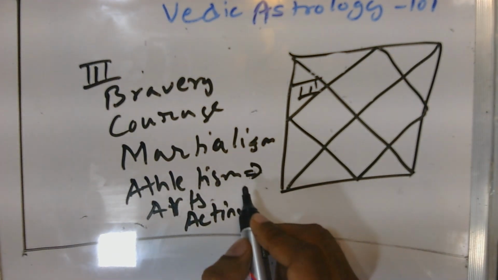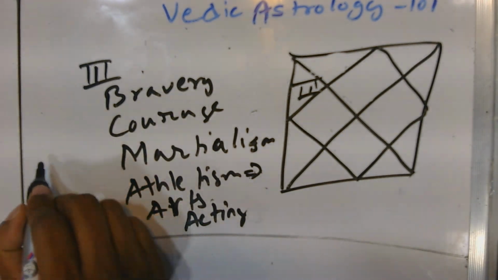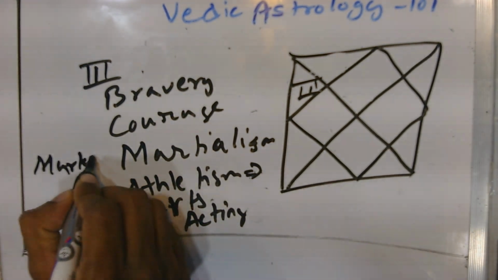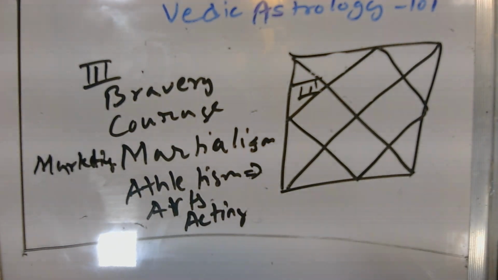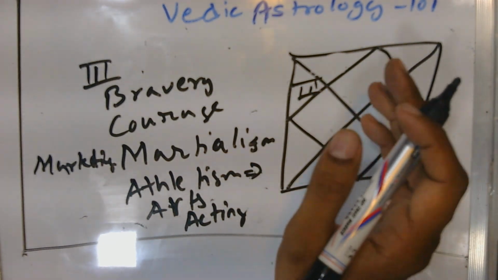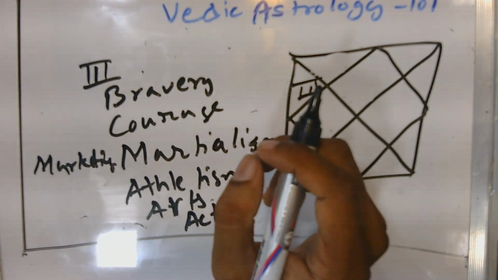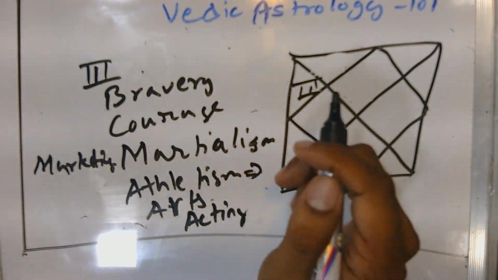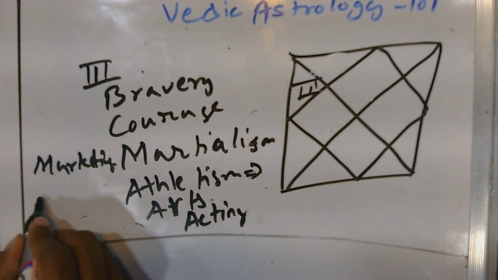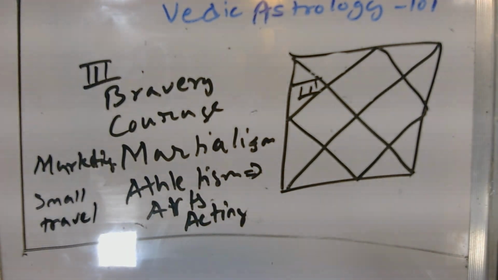Third house is also going to tell you about your marketing ability. If you are in field of marketing, either you are going to be good or not can be seen from the placement in the third house. It can also be seen from other things, but if you are having good placement in the third house, you are going to be good at marketing. It will also give you information about your small traveling.